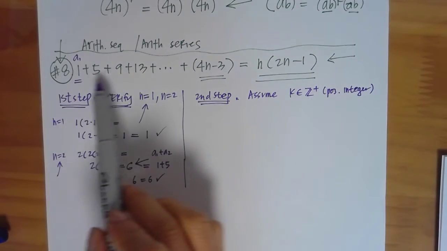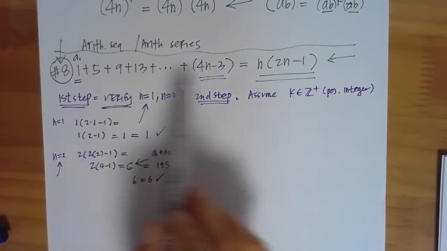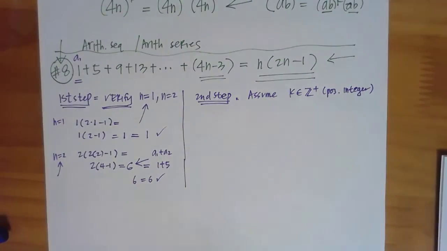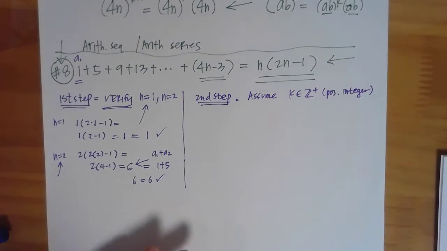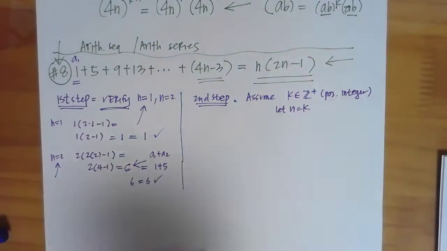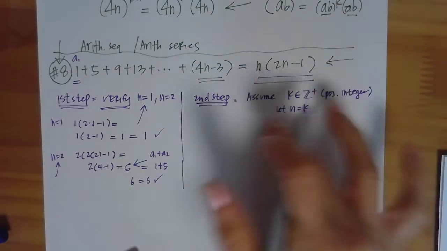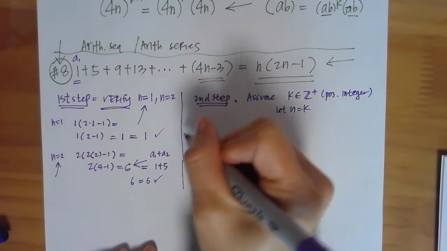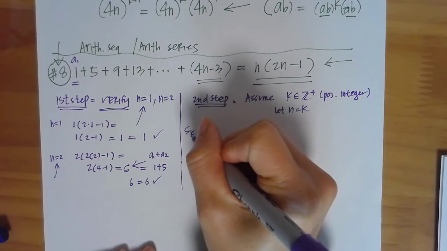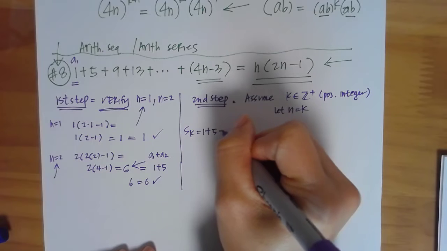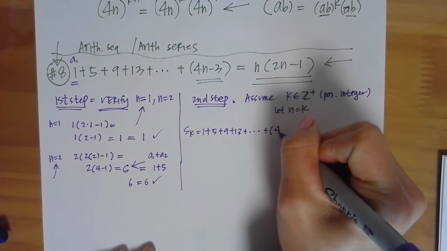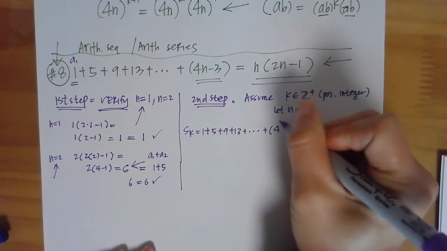K is anybody in any position along this sequence. That's what k is. So it's some k. And we're going to let n equal k. Okay. All this will make sense, but you have to declare all this. This is a mandatory step. So we're going to say s sub k is equal to 1 plus 5 plus 9 plus 13 plus ... plus, remember, n equals k, so we're going to replace this n with k: 4k minus 3.